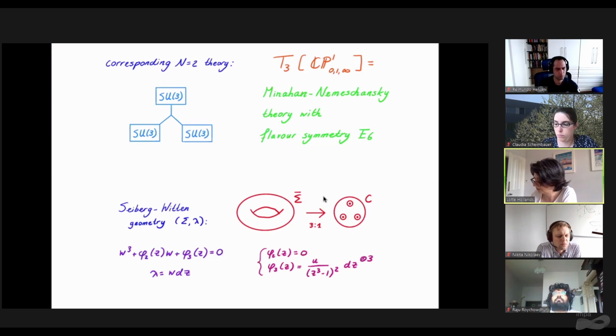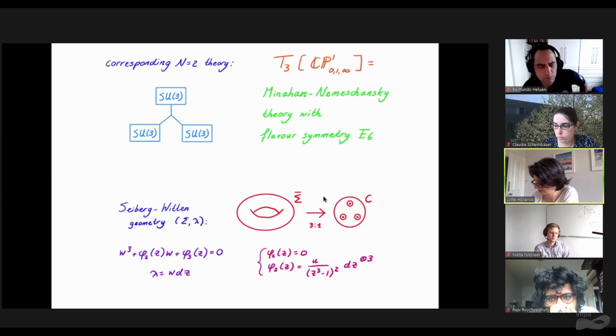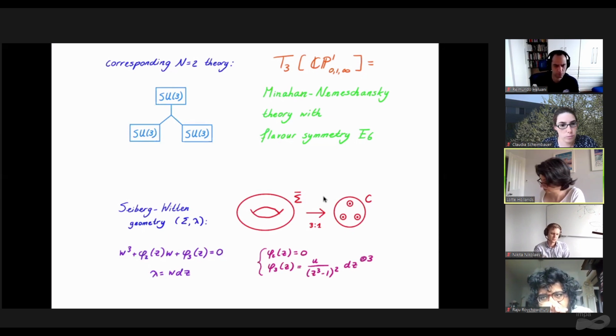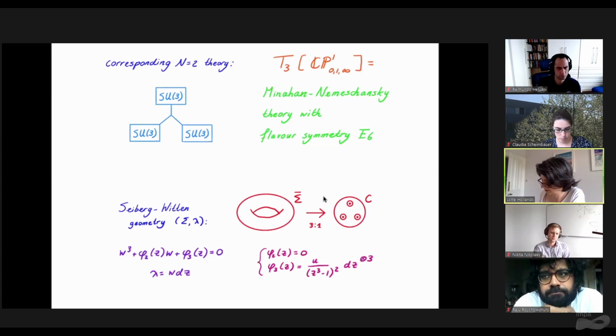So while we do not know much about the microscopic definition of this theory, we do know quite a bit about its low energy description. For instance, we know what the Seiberg-Witten geometry is. The Seiberg-Witten curve in this case is a punctured torus, which is covering the punctured sphere, and it's given by this equation of order 3.